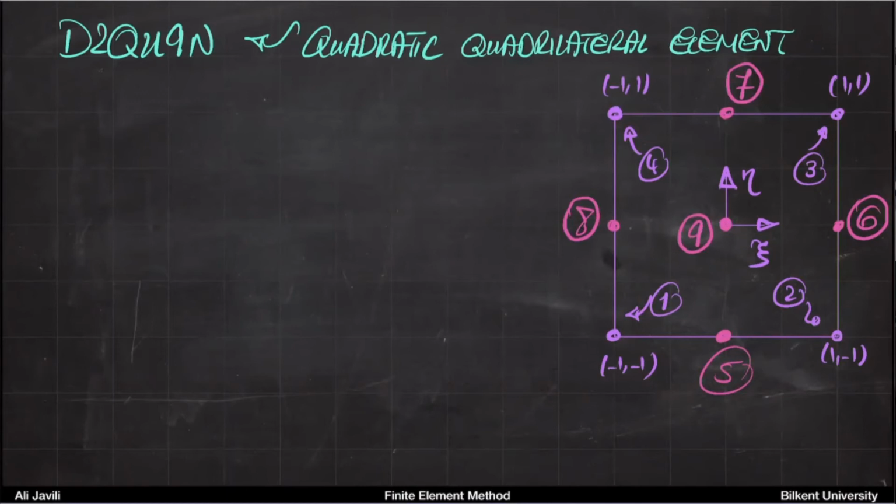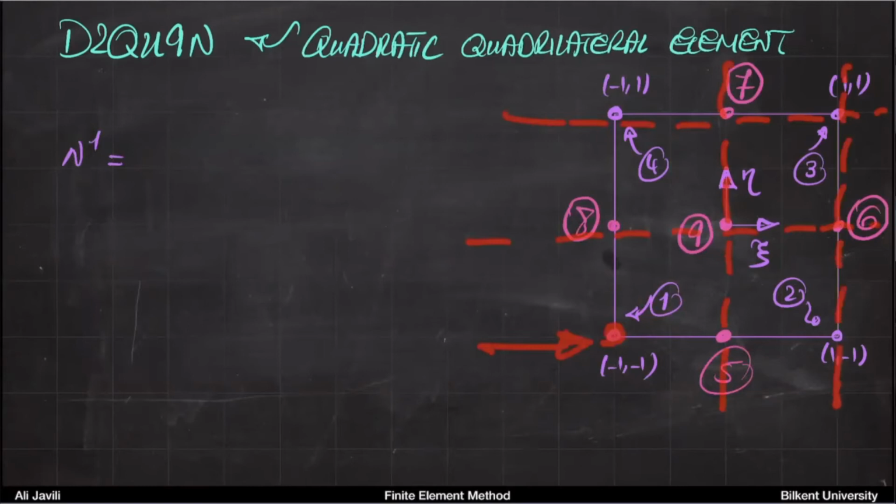Now, if you want to write the shape functions, you play exactly the same game. N1 is that shape function here. So it should be 1 at this point, and it should be 0 elsewhere. So 0 elsewhere means it is 0 along this line, it is 0 along this line, it's 0 along this line, and it's 0 along this line, right?